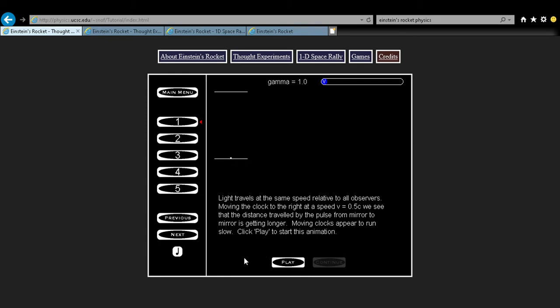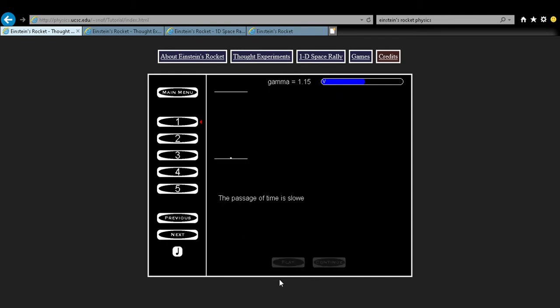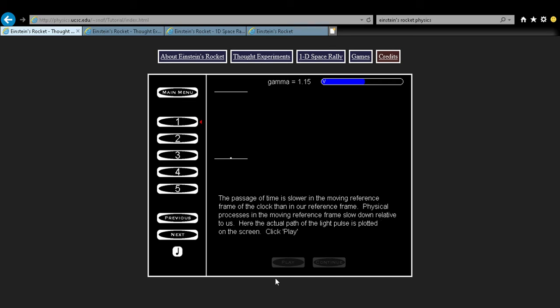Okay, so now you're going to move the clock at a good fraction, about half the speed of light. And with that, if you have the moving reference, that passage of time is slower compared to our timing at the rest frame.